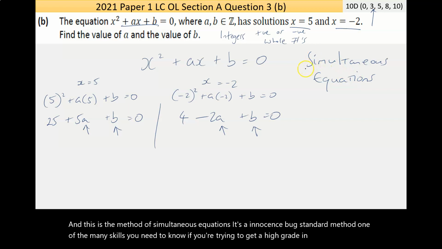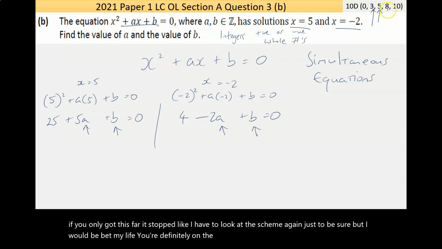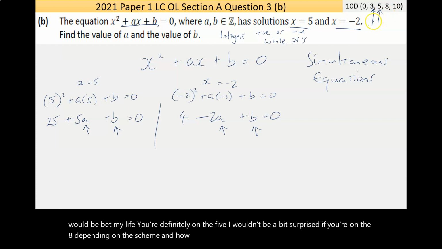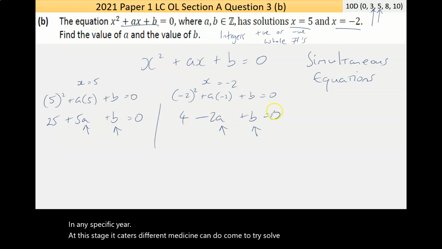But even if you only got this far and stopped, I'd have to look at the scheme again just to be sure, but I would bet my life you're definitely on the 5. I wouldn't be a bit surprised if you're on the 8, depending on the scheme and how it's applied in any specific year.